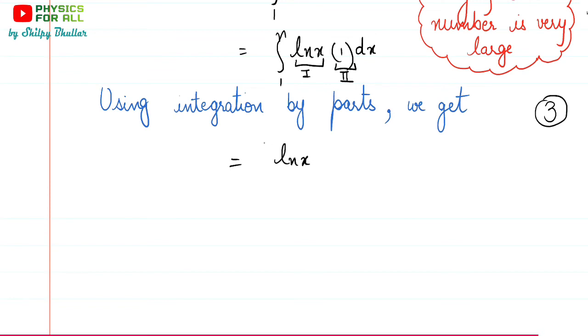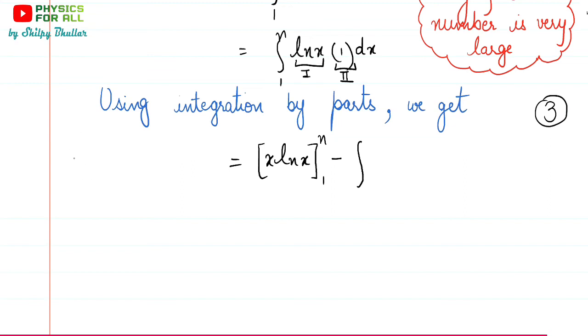So what would be integration of 1? That would give us x, because we are integrating with respect to x. Okay. And then we have to show the limits as well, because we haven't put them yet. And then minus sign, then the integration of the derivative of first function. Now what is the derivative of the first function?